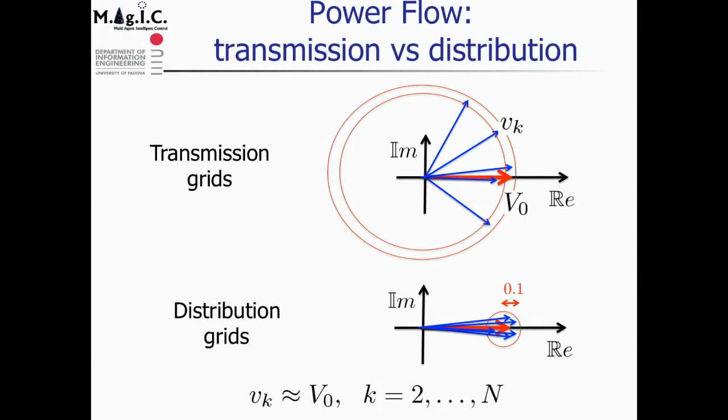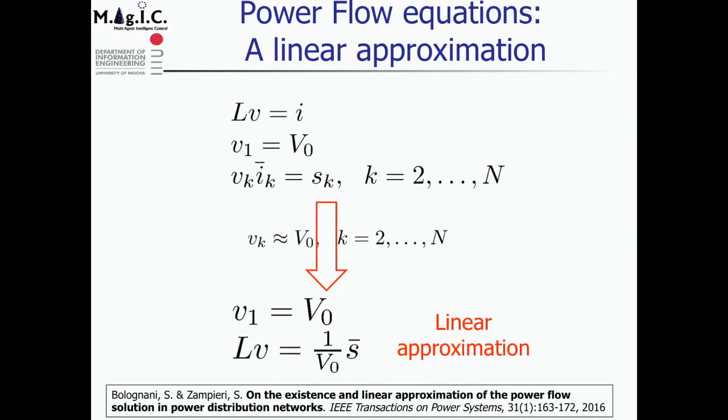So the idea here is very simple: why not replace the true voltage phasor with a nominal value? It seems quite a simple idea, but it has very important consequences. Remember, this is my system that I had before. These two pieces are linear. The nonlinear one is this. So what I will do is replace the true voltage phasor here with the nominal one.